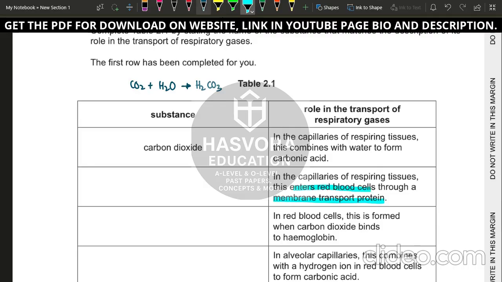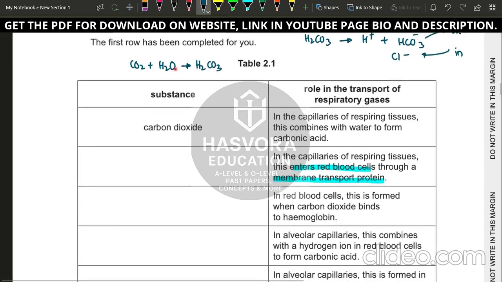Okay, so if you remember that this carbonic acid dissociates to form the H+ ion and HCO3-, which is the bicarbonate ion, and this bicarbonate ion actually moves out of the red blood cell. So to actually balance the negative charge, what happens is that the chloride ion moves in. Okay, so this will be your chloride ion. So we can just simply write chloride ion.